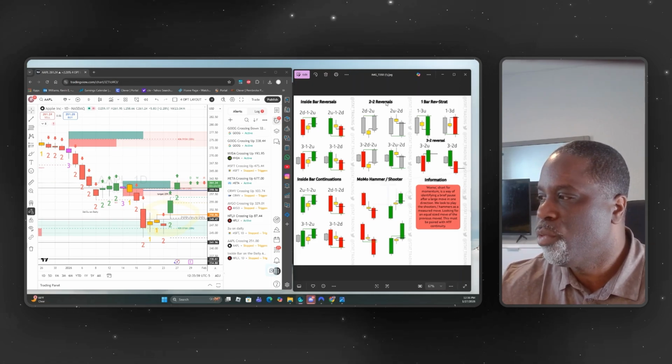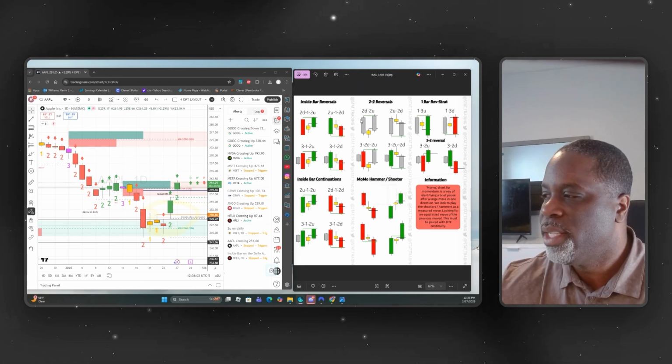First, you're going to look at the 2-2 reversal. This is the method I normally like to trade. It's a very simple strategy.